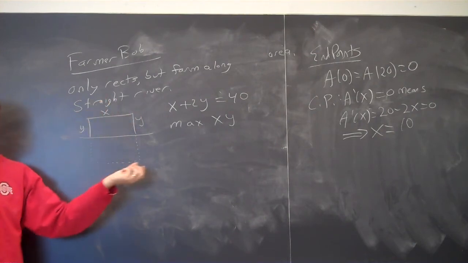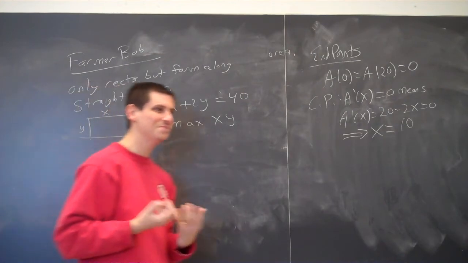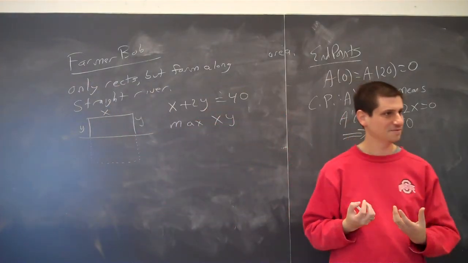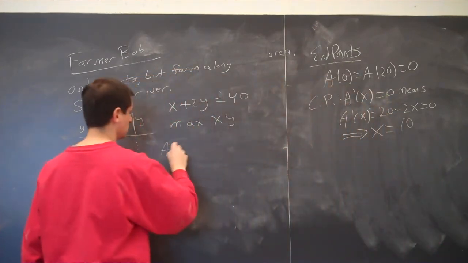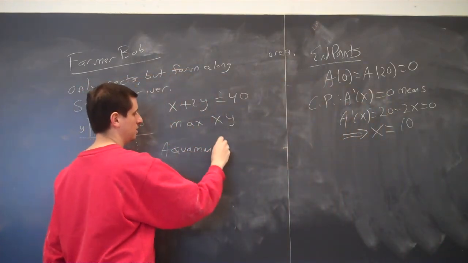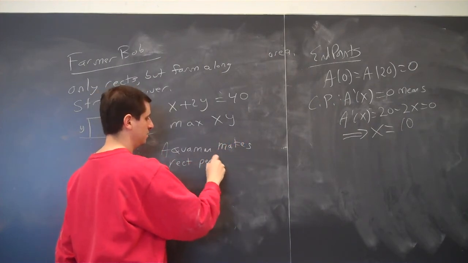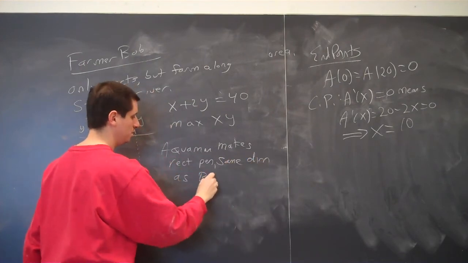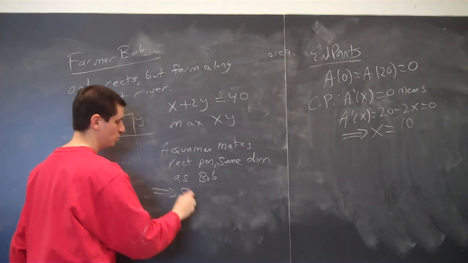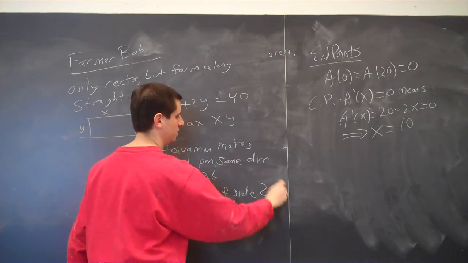And now if you look at this whole system, you have 80 meters of fence. If you have 80 meters of fence, what's the best thing you can do? Square. So Aquaman makes a rectangular pen, same dimensions as Bob, therefore it's a square of side 20.